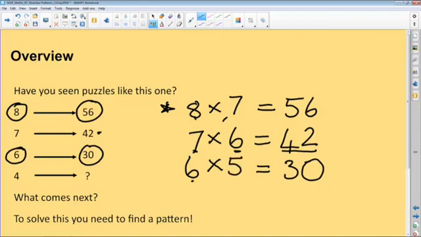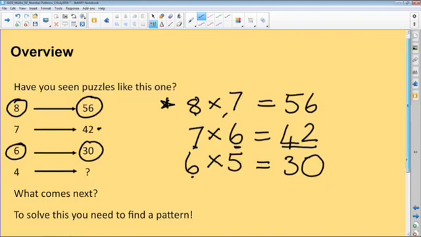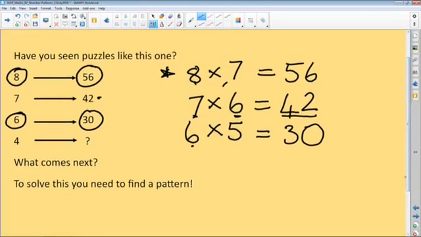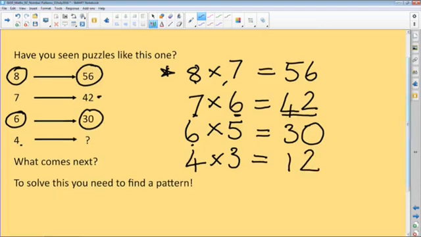Does it work? Yes, it does. So that means with the last one, we're going to have 4 multiplied by something. And I hope you realized that it would be multiplied by 3. Why? Because we're always multiplying by the number that's below it. And that equals 12.